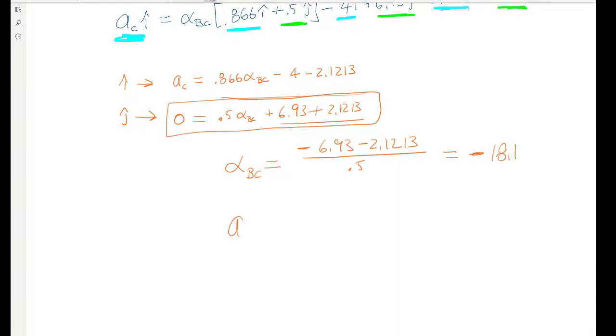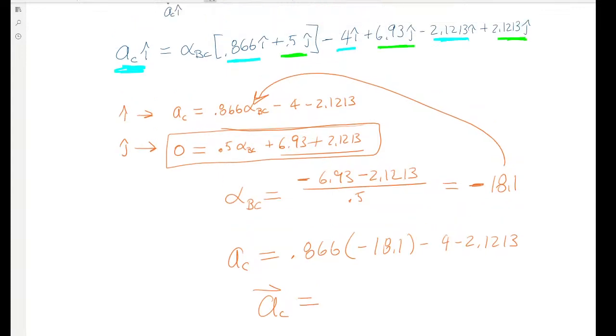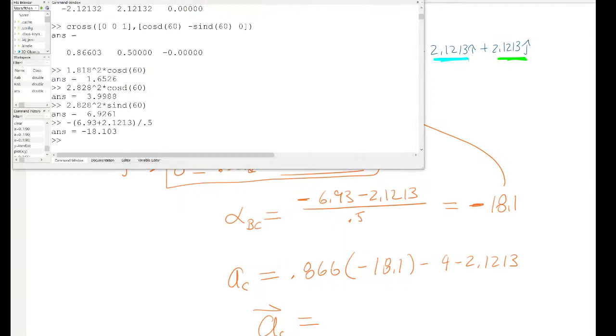Now, I can take this and stick it in here: 8.66 minus 18.1 minus 4 minus 2.1213. And so my acceleration of C will be, let me slide this down so I can do both of these at the same time.